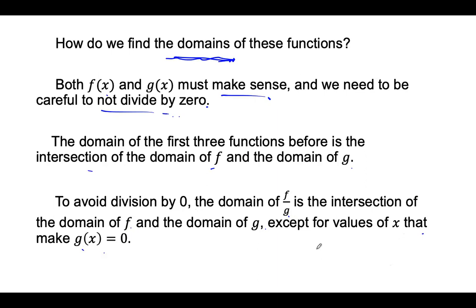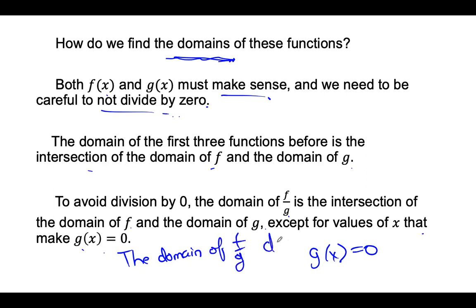So it can't be where G of x equals 0. So the domain of F divided by G does not contain those values that make G of x equal to 0.